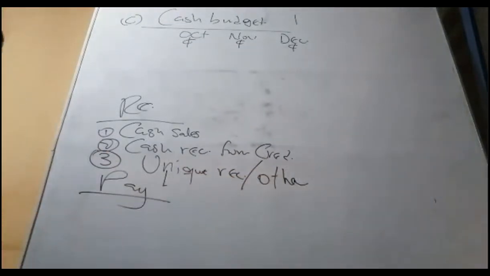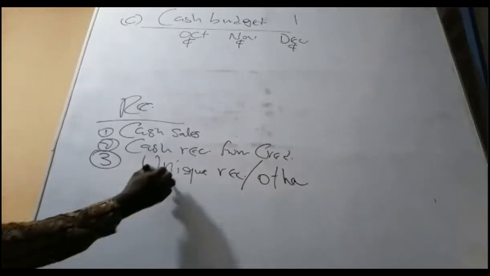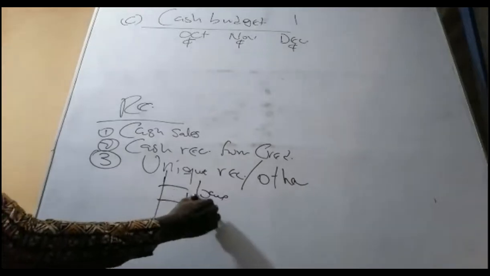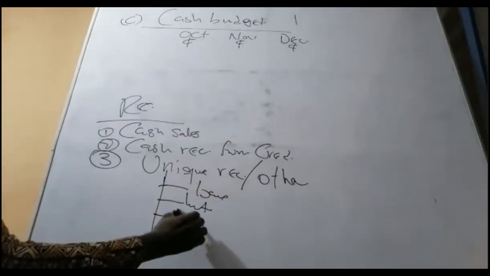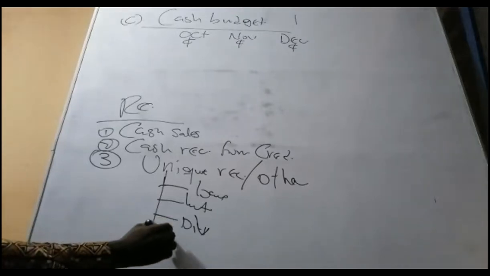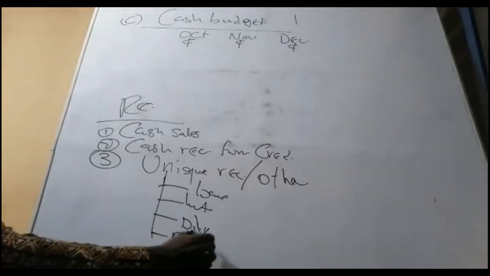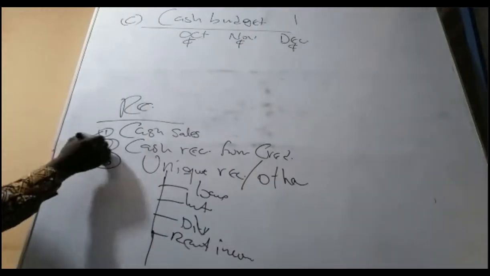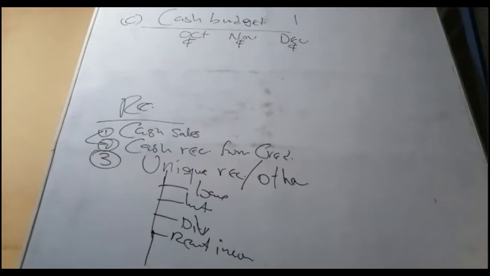Examples include loans, interest received, dividend received, in fact, anything received, rent income. So anything received, which is not in the form of cash sales or cash received from credit customers. That's all. Check the question if they are there, assemble them there. Please, the timing is very important, not the occurrence.